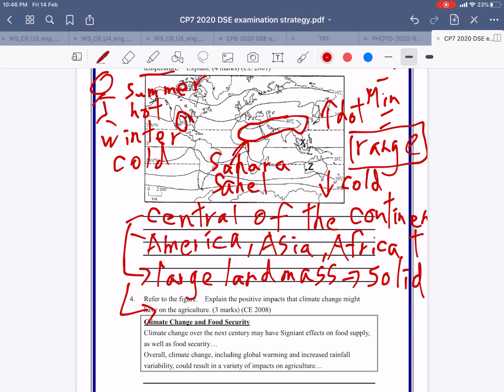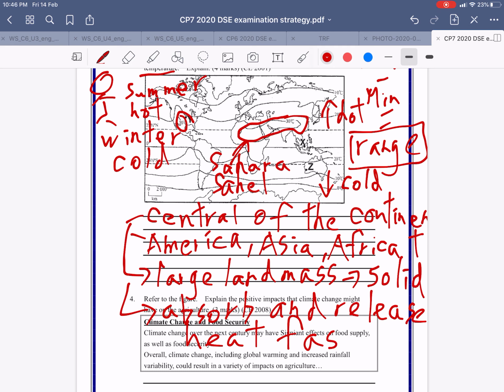So accordingly, it is a large solid, and as you learned in the lesson before, a solid always absorbs and releases heat faster.